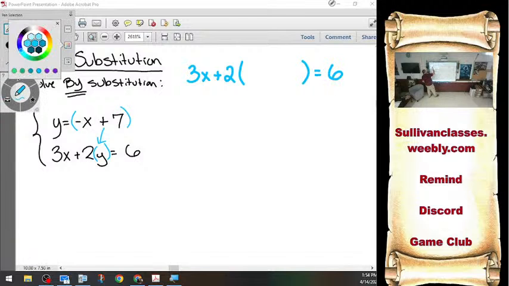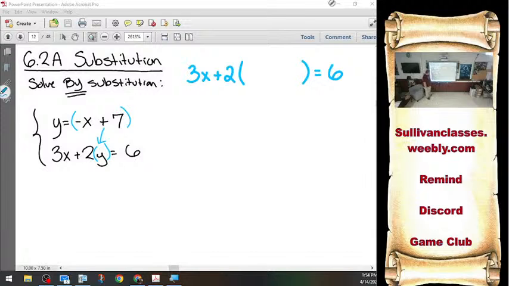That something used to be a y, but now we know y is stuff. So I replace y with stuff. That's it. Like, that is the big idea. Other than that, it's just do all the stuff you were doing first semester.